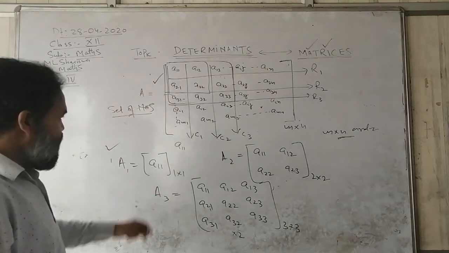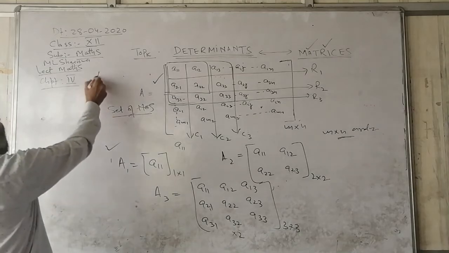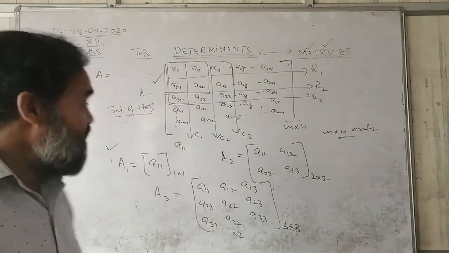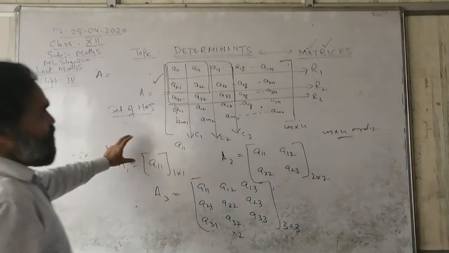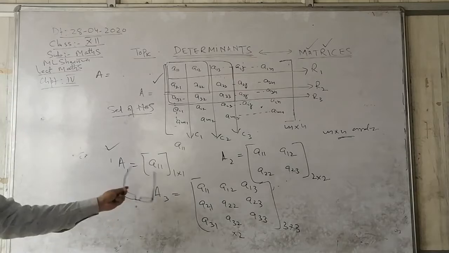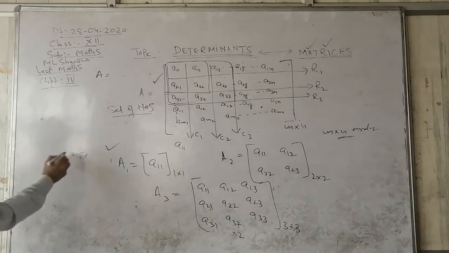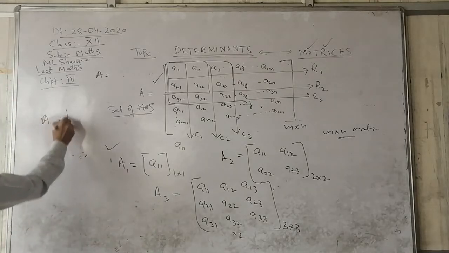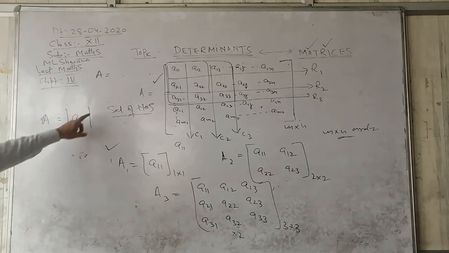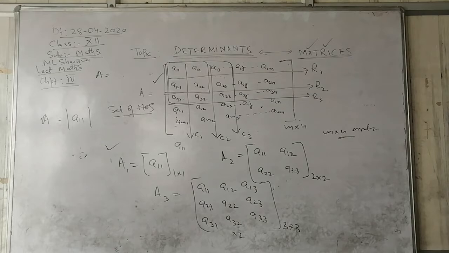For notation, we mostly use a capital letter for denoting the matrix. Now, so far as determinant is concerned, if I write A equals to A11, this notation of vertical lines indicates the determinant.